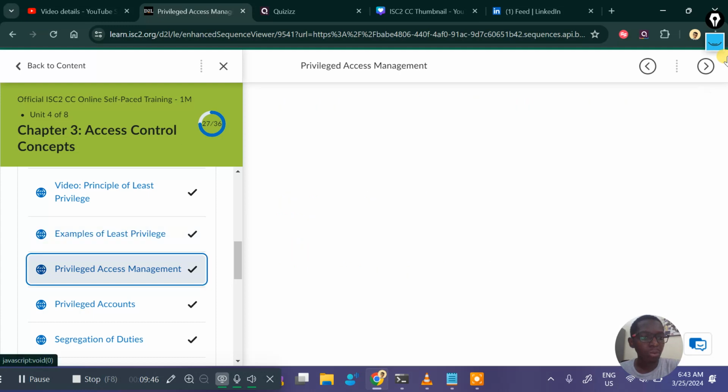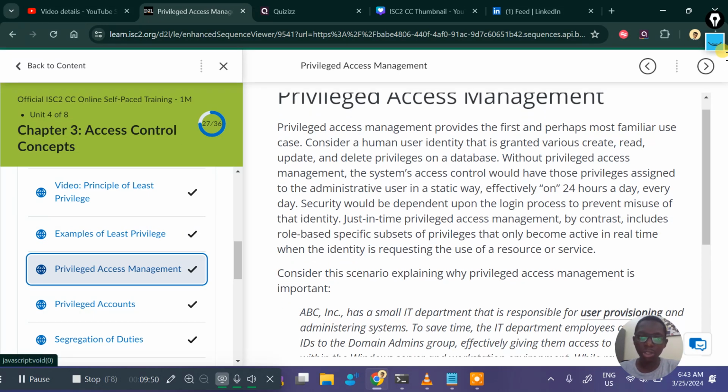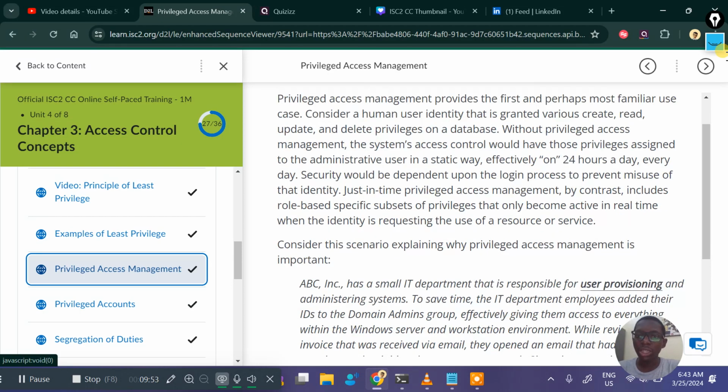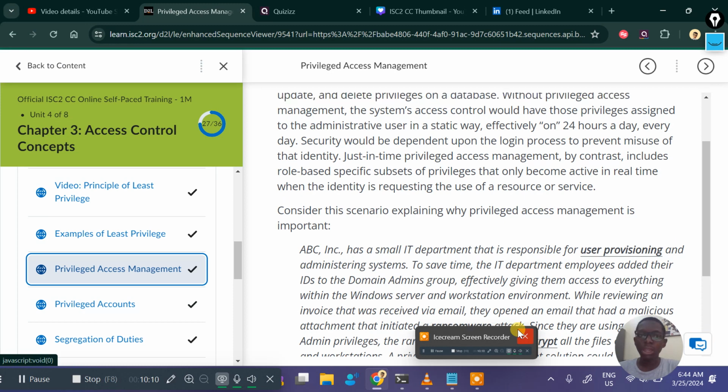So we are moving into privileged access management, and this is still on the principle of least privilege, but then you are allowed to access information with restrictions, right? So sometimes it comes with giving a time when you can log in, a time when you can log off, so that you don't have to keep doing that over and over again.